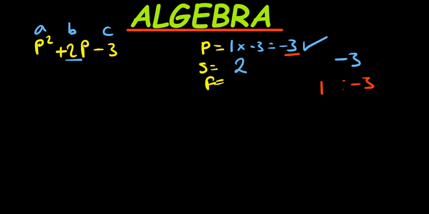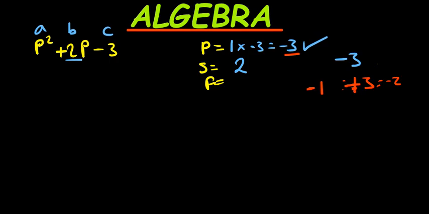Yes, it is giving us an answer as a product, and then when we do 1 minus 3, it is giving us negative 2. But here we have a positive 2, therefore we just change the sign. So this 1 becomes negative 1, and then this 3 becomes a positive, like that.